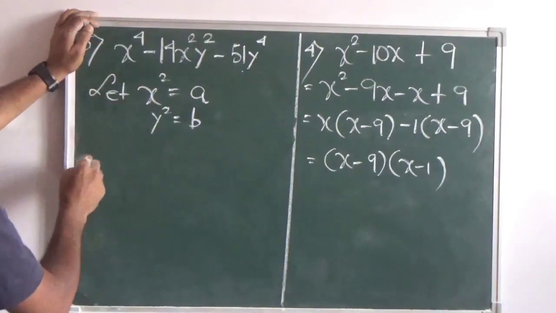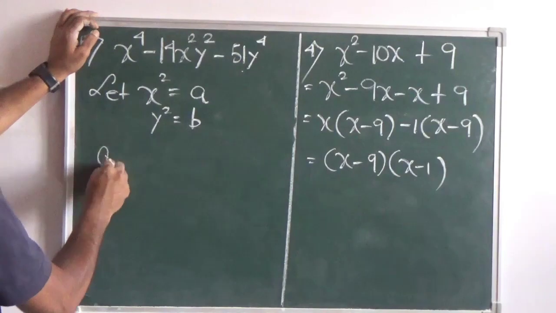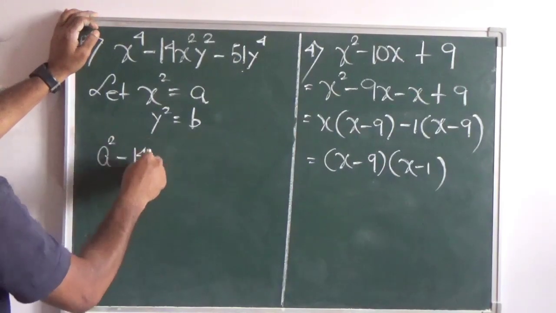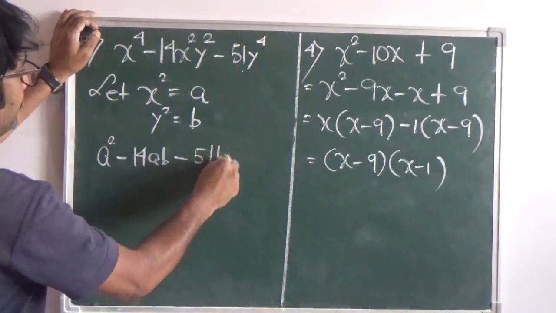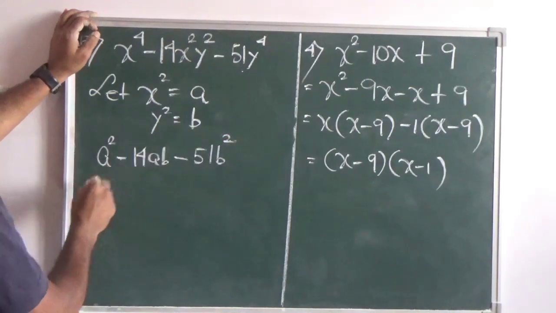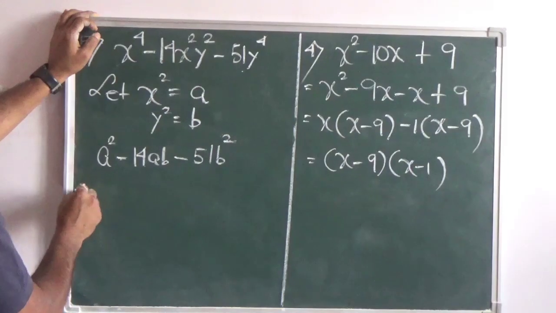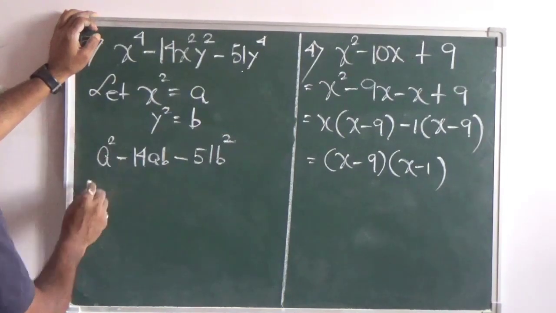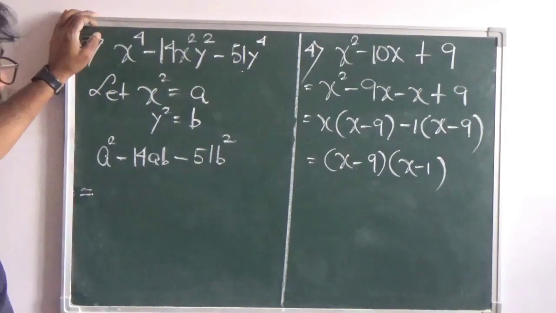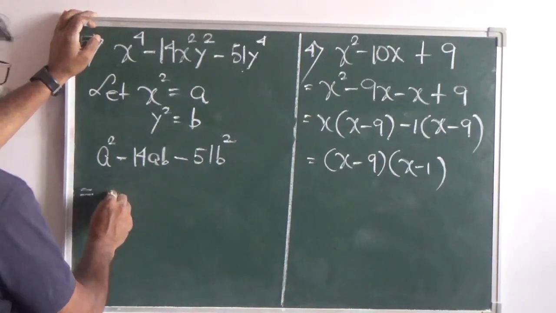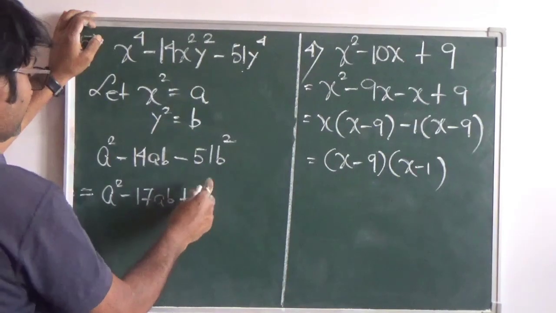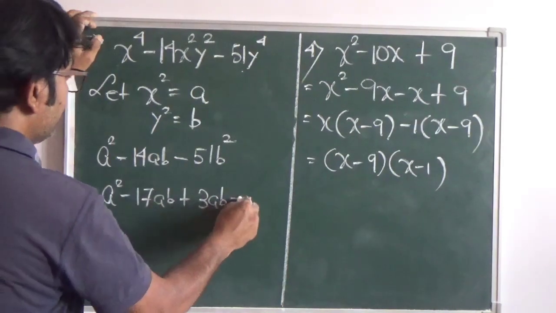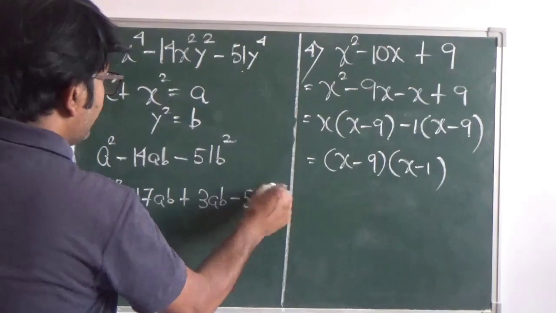So this is x power 4. So it is a square minus 14ab minus 51b square. So we have 17 and 3: a square minus 17ab plus 3ab minus 51b square.